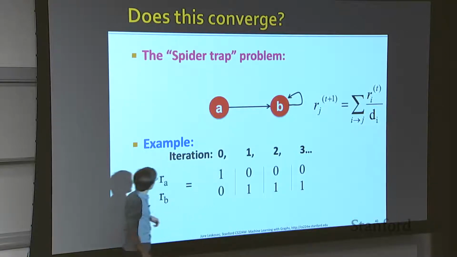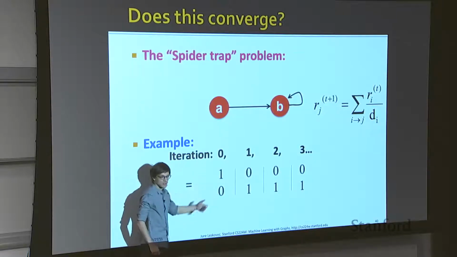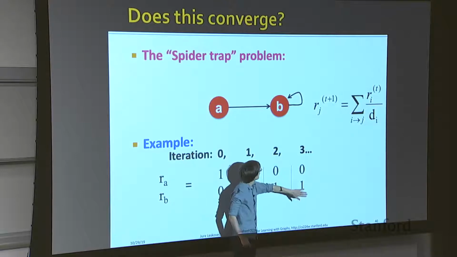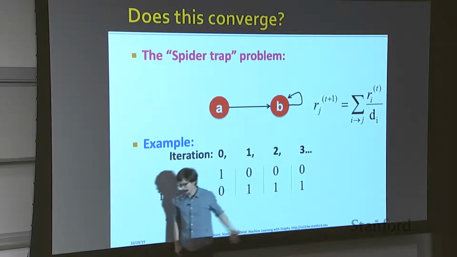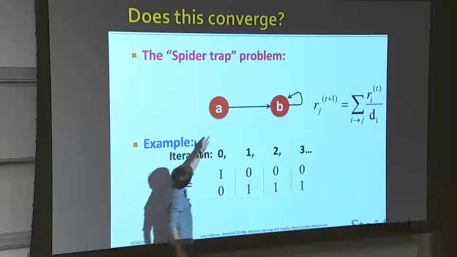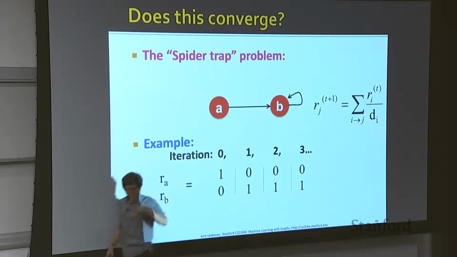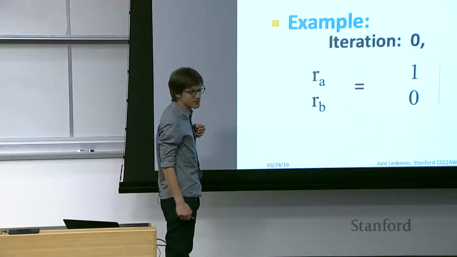If I create a matrix M out of this and do the power iteration, very quickly it would converge where B has all the importance and A has no importance. This is the kind of result we don't want, because node A still has some importance, even though the random surfer gets trapped in B and never can get out of it. So this is the example of the spider trap.